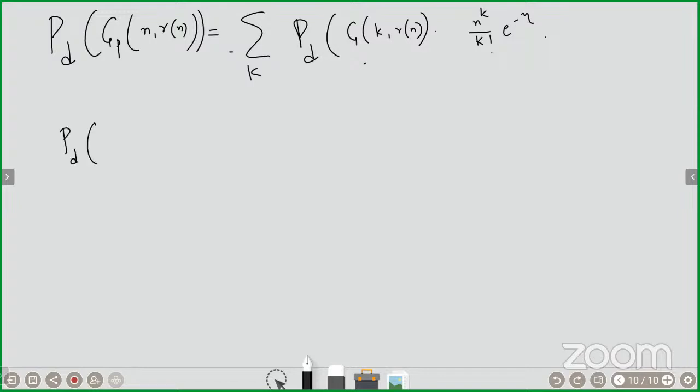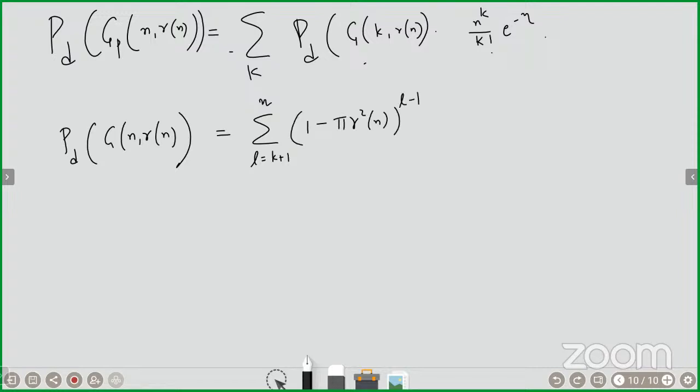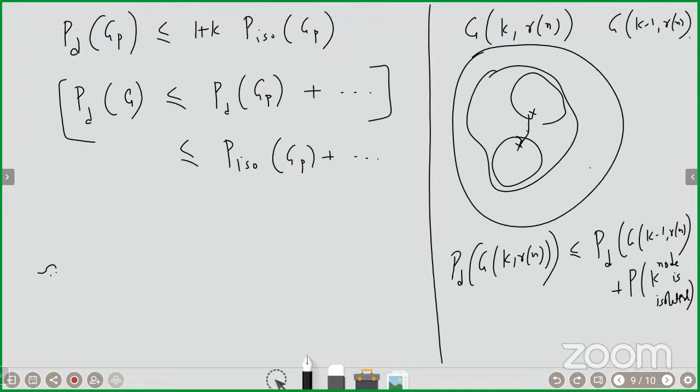PD of G n comma r is equal to, from applying the previous recursion to go from n to k.